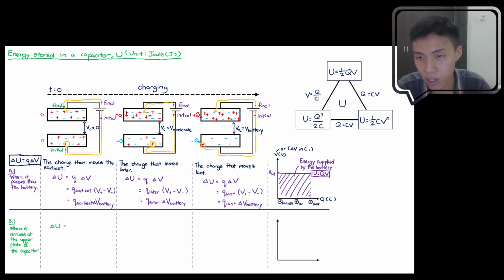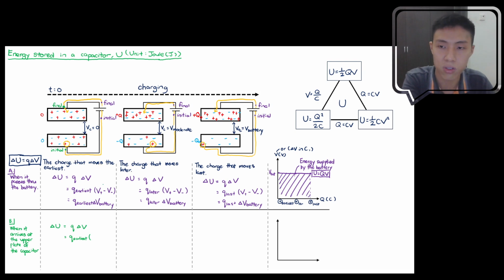So we know that delta U is equal to Q delta V, and we are focusing on the earliest charge that moved. So this should be V final minus V initial, right? So we write this as V final, or we can say V of the upper plate, minus V of the lower plate.